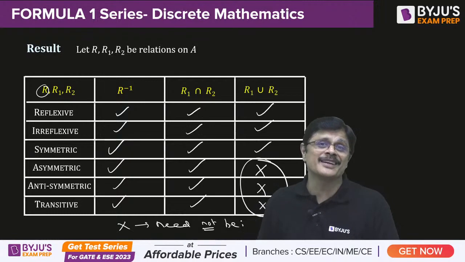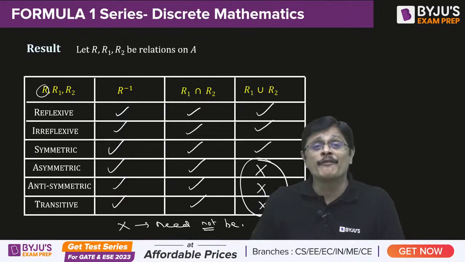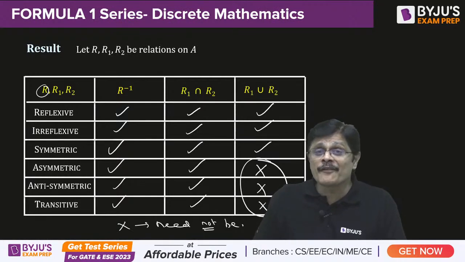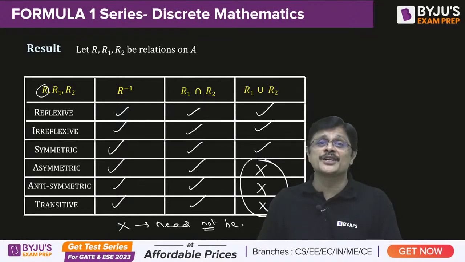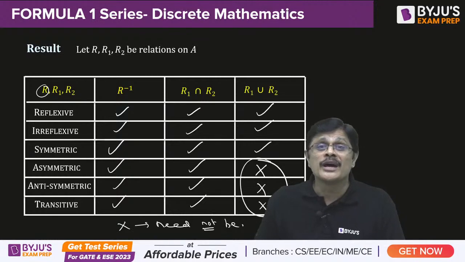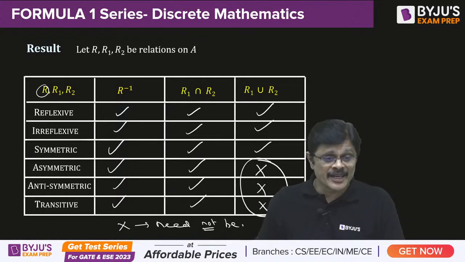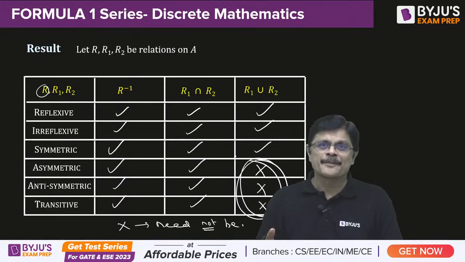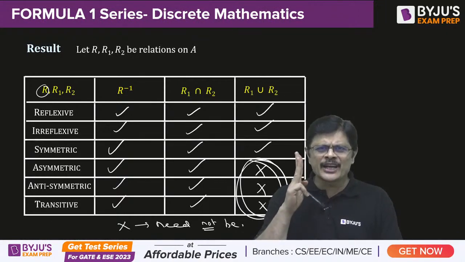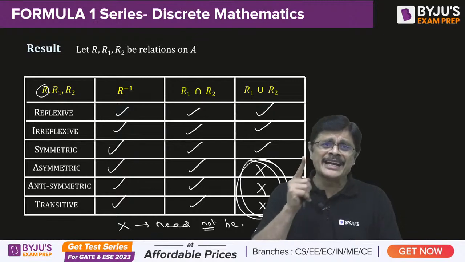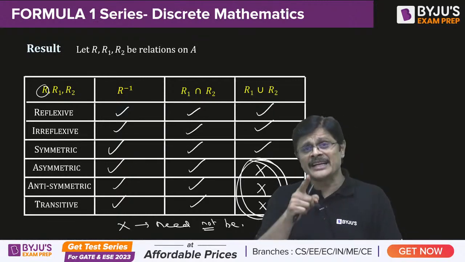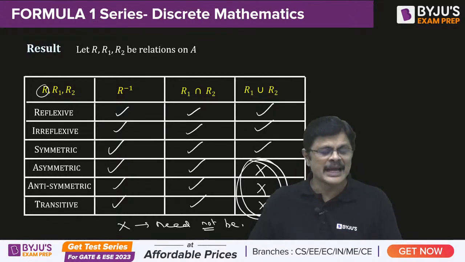The union of two antisymmetric relations need not be antisymmetric. Union of two transitive relations need not be transitive. Union of two asymmetric relations need not be asymmetric. You just need to remember this entire table, sir. And in the table there are only 3 cross marks. If you remember, you know 18 results. So I have given 18 results at a time, my dear friends. Am I clear?